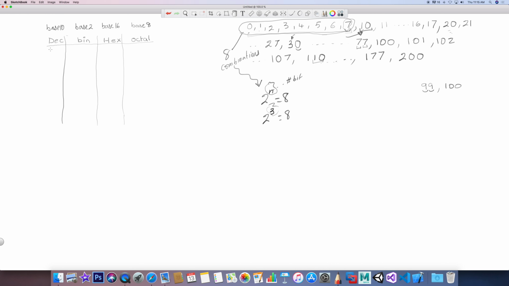Okay, so let's start with our decimal values. We have 0, 1, 2, 3, 4, 5, 6, 7. I'll continue on: 8, 9, 10, 11, 12, 13, 14, and 15.